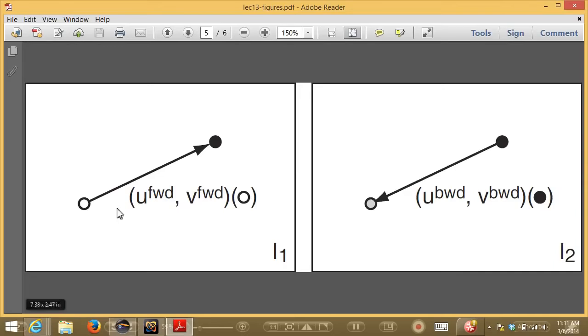So I can examine how good the data term is and see whether I'm occluded in image 1 or occluded in image 2. If either of these vectors points in the wrong direction, this is sometimes called cross-checking or left-right checking. If I find that I'm in that case, I can throw that flow vector out.